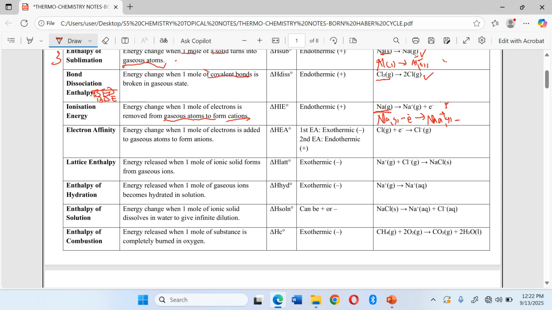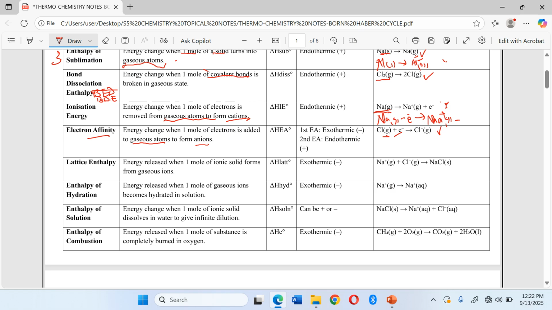Then we can move on to electron affinity. In electron affinity, we are saying that the energy change when 1 mole of electrons is added to a gaseous atom to form anions. So we are adding an electron to a gaseous atom to form what? An anion. An anion is a negatively charged ion.